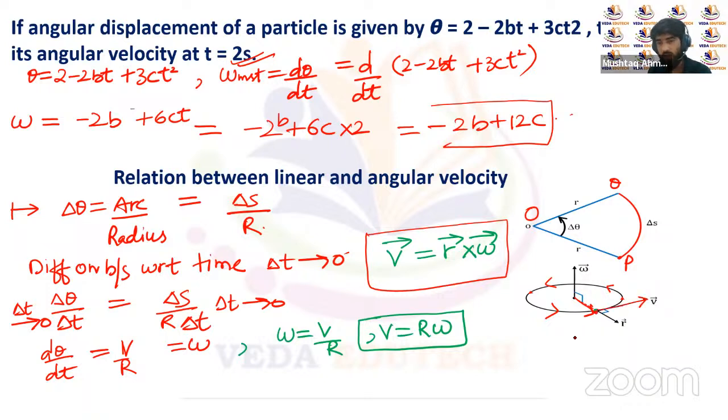The direction of omega is found by curling the fingers of your right hand along the direction of the velocity vector; then the thumb points in the direction of omega.